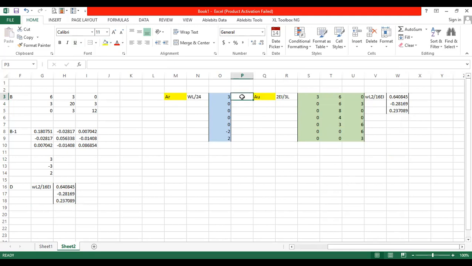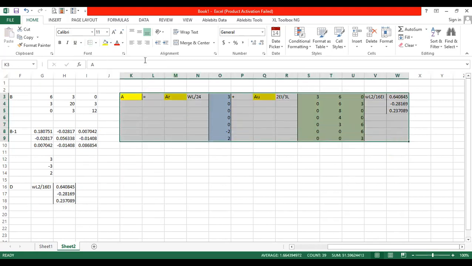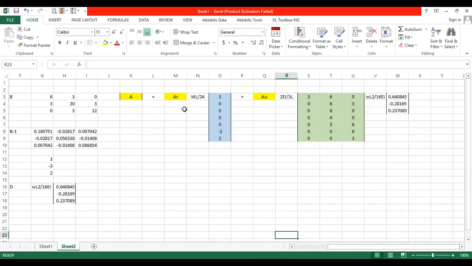So the summation would give you the action matrix. This is the actual matrix, okay?